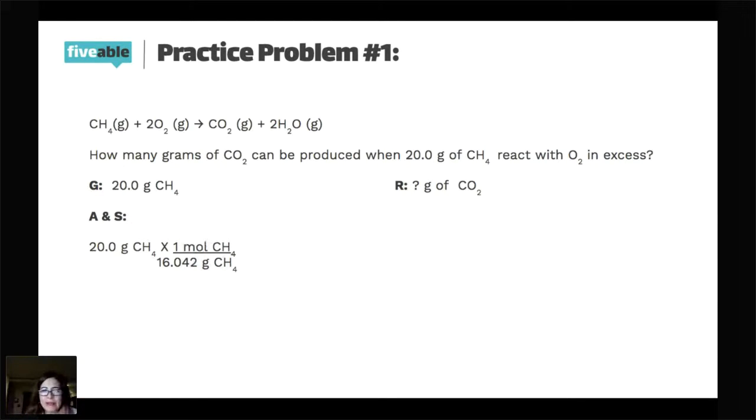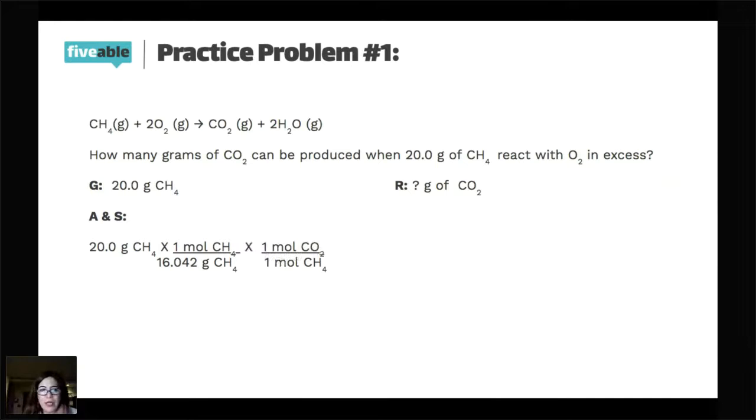What would be the next step? To change moles of methane to what? Okay, we're going to change now to moles of the required, to moles of carbon dioxide.